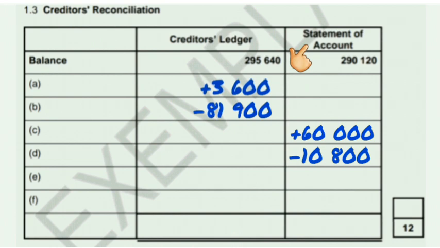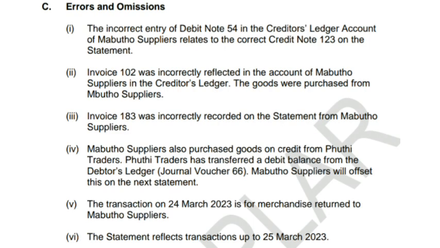So basically the situation was, I took goods from them for 10,800 that I owe them, but instead of me paying them, they came to me and took the goods of the same amount. So I'm supposed to now minus it in the statement of account. They didn't do that, so that's why I'm putting it there.